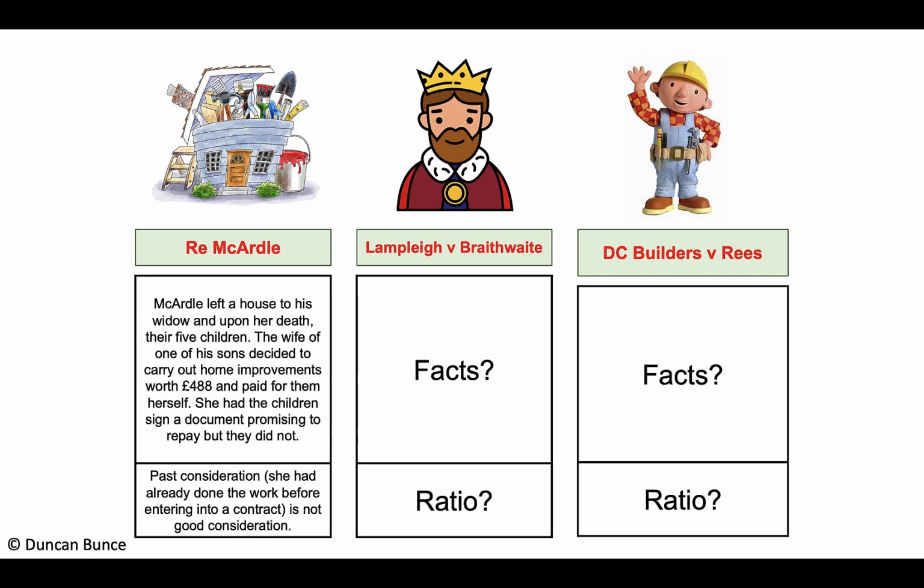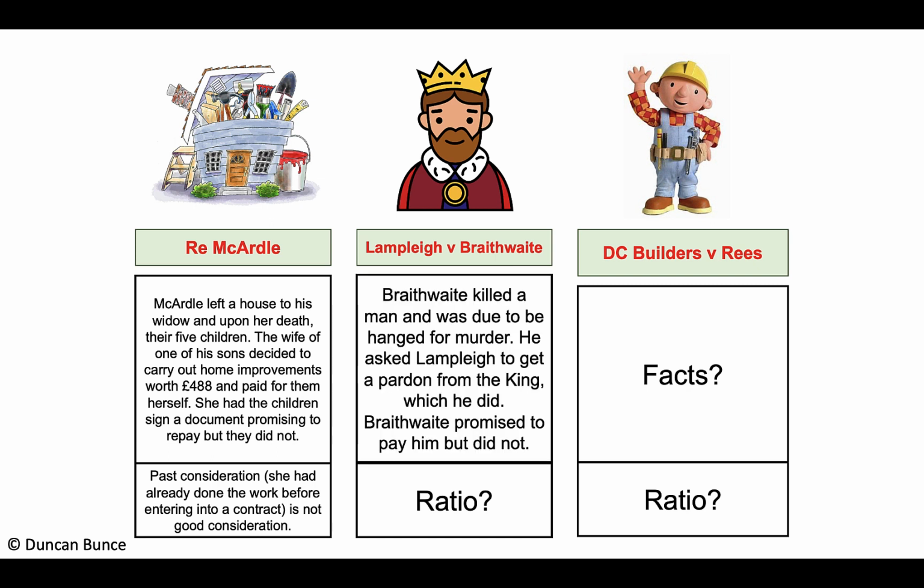Lampley and Braithwaite, interesting case, one of the oldest certainly that we deal with. I think it was around about the 1600s. And there again, you've got to look out for this in exam scenarios, but what we have here is Braithwaite killed a man, was due to be hanged for murder. He asked Lampley to get a pardon from the king, so essentially a royal pardon, a document which would have saved his life.